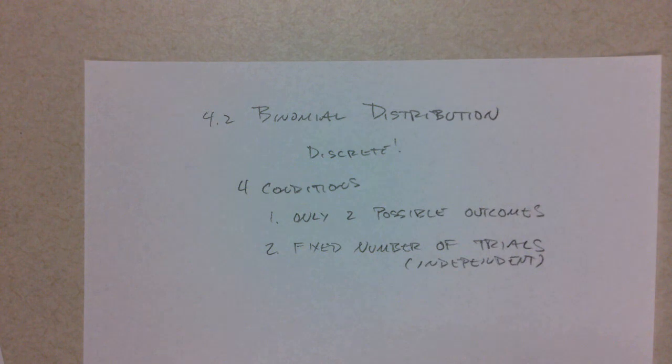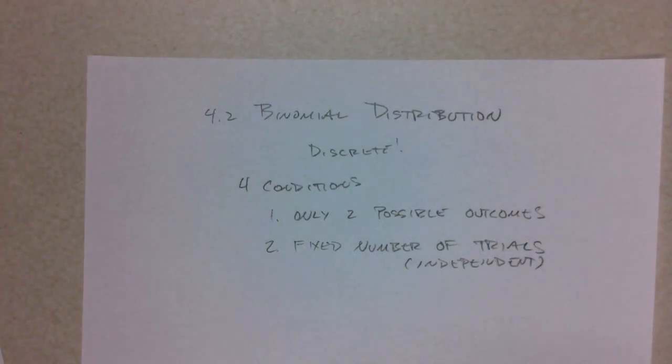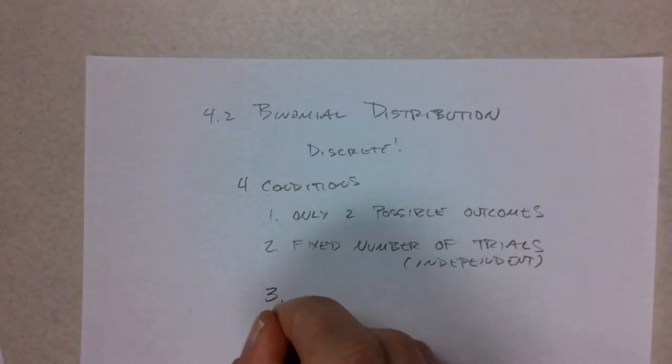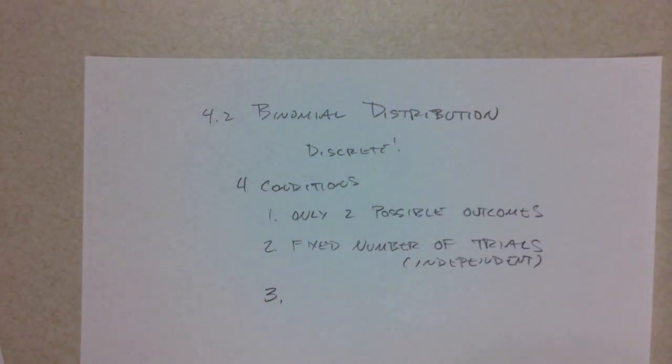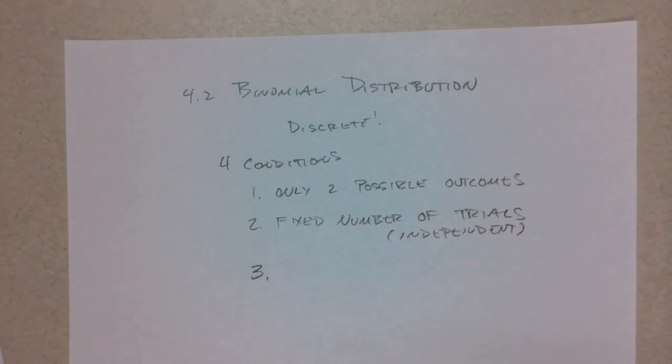And that means that the outcome of one trial doesn't have any effect on the outcome of another. If you flip a coin once, it's a tails. It doesn't influence the next flip. All right, the next one is the probability of success is the same for each trial.